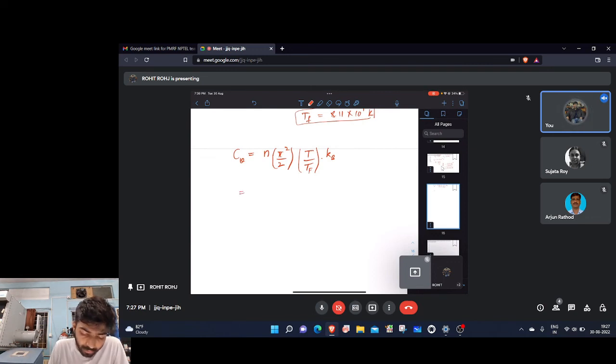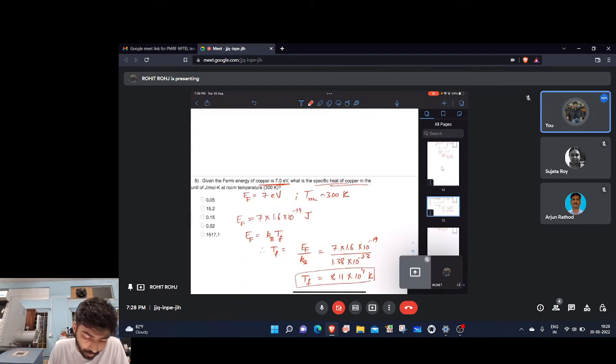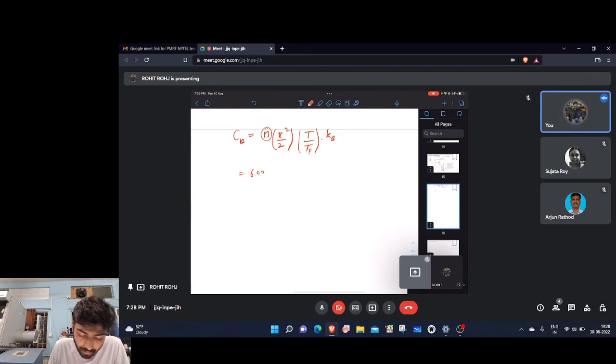N is the number of particles, and for 1 mole, since we are required to find per mole, I can plug in the Avogadro number, multiplied by 3.14 square divided by 2. The temperature is 300 Kelvin, and the Fermi temperature we calculated just above is 8.11 times 10 power 4, multiplied by the Boltzmann constant 10 to the power minus 23.